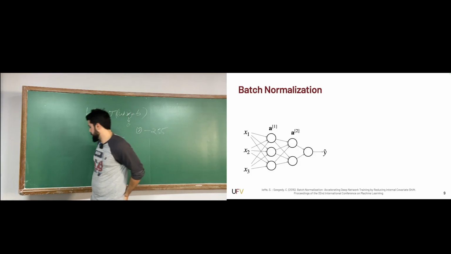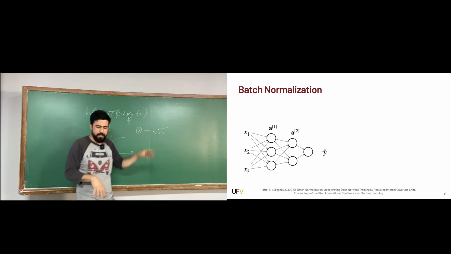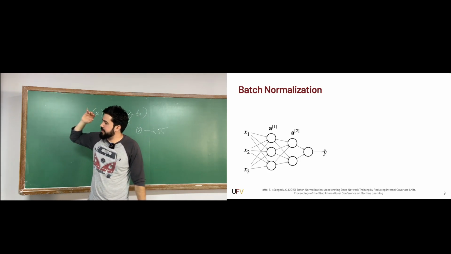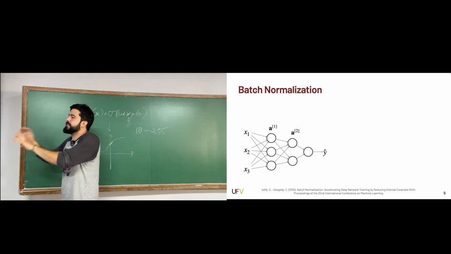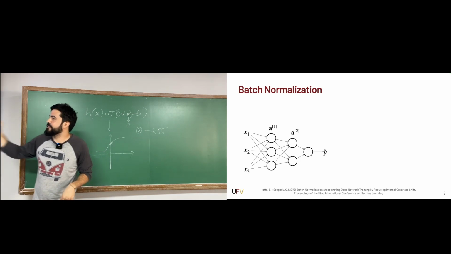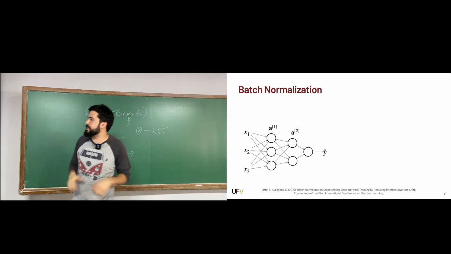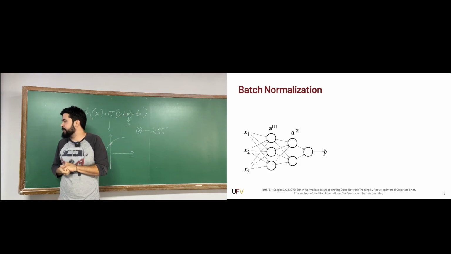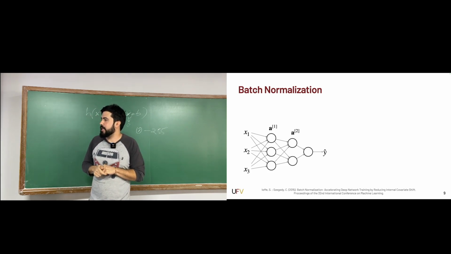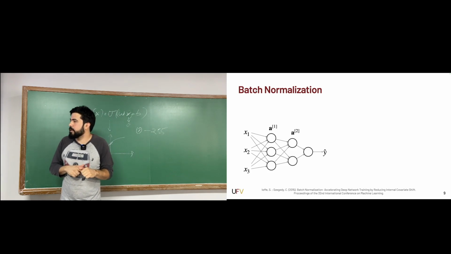Okay, so this brings us to a more fancy approach, and this is called batch normalization. It's a very modern thing. It's from 2015, from the paper Batch Normalization: Accelerating Deep Network Training by Reducing Internal Covariate Shift, published at ICML, the International Conference on Machine Learning.